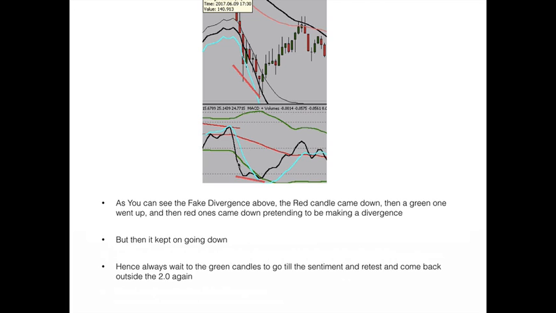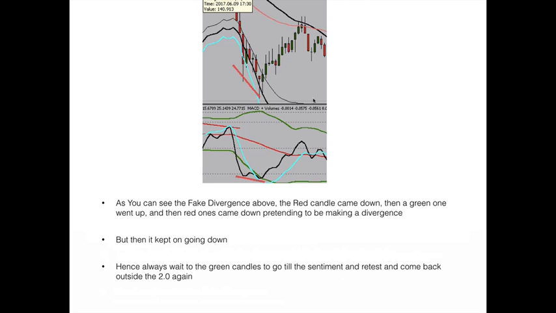But what is happening here is, okay, it came down, went up, and there will be a little bit of divergence here for a little bit of time, when you open your trade here on 2.5. But what happens is it goes down again, down, down, down, and you miss your trade, and you are into losses.